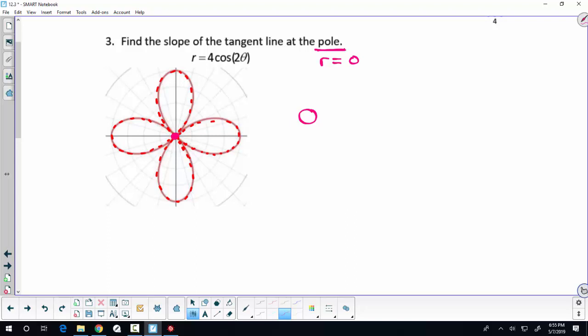So what we do know is that if this curve is intersecting the pole at r equals 0, then this whole thing has to be equal to 0. That's what we do. We set 4 cosine of 2 theta equal to 0. Figure out for what angle measures that shape passes through the pole.